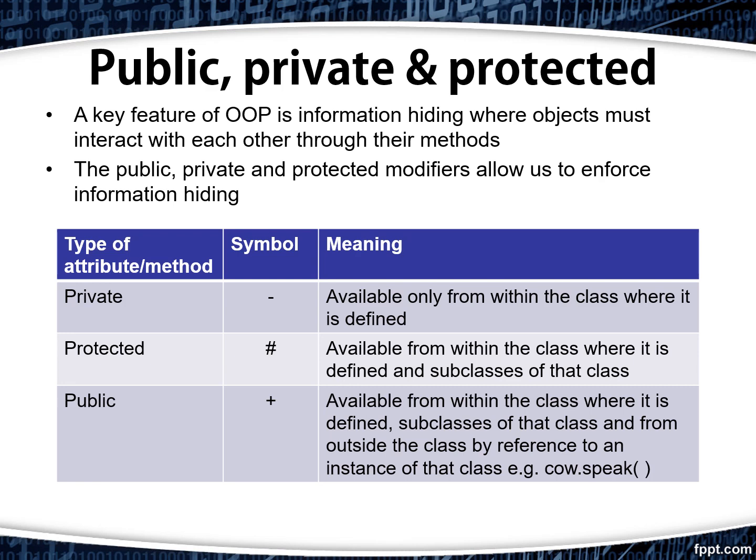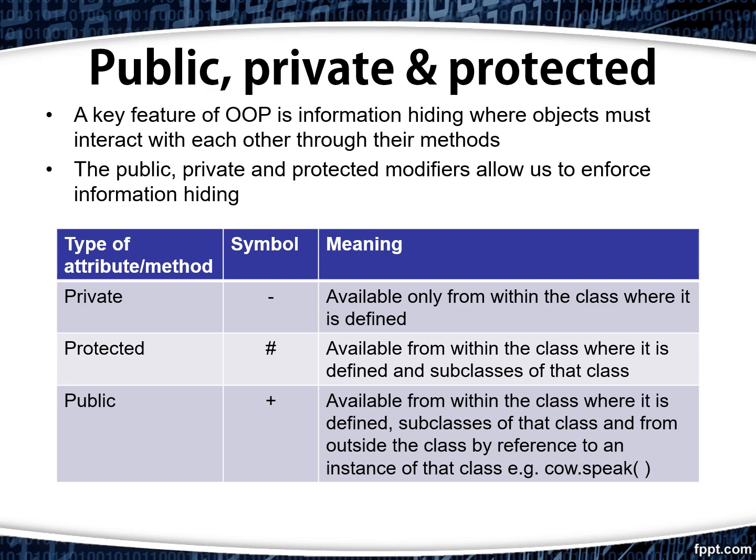Public attributes and methods are available from within the class where they are defined, subclasses of that class, and from outside the class by reference to an instance of that class. For instance, cow.speak would make the object cow use its method speak.